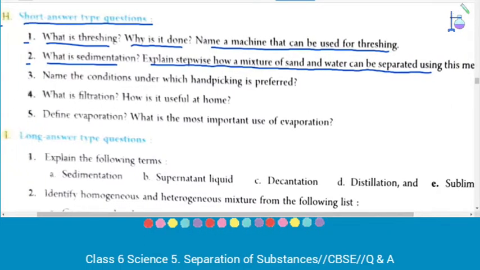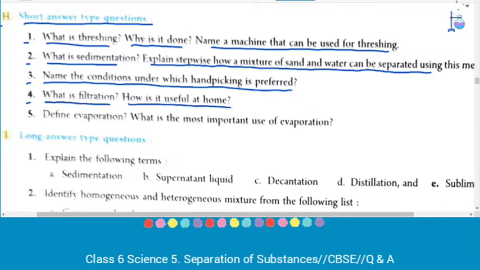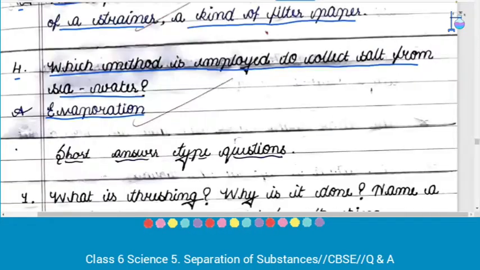Third, name the conditions under which hand picking is preferred. Fourth, what is filtration? How is it useful at home? Fifth, define evaporation. What is the most important use of evaporation? So we'll see short answer type questions one by one.